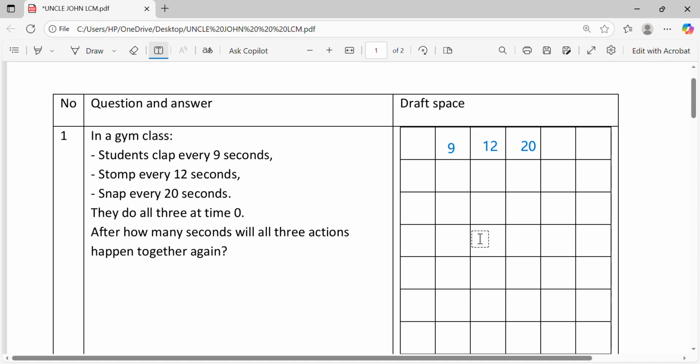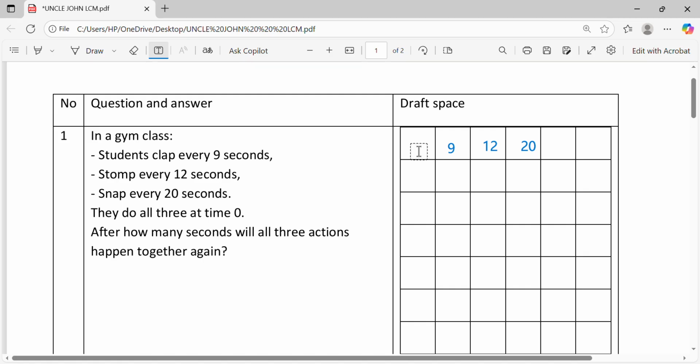The numbers we divide by are prime numbers. Prime numbers are numbers that only have two factors. For instance, 2 has two factors, 1 and 2 itself. So that is 2, 3, 5, 7, 11, and so on.